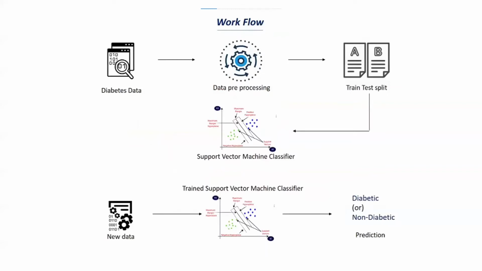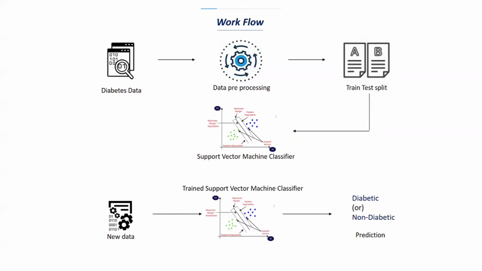So first we need this diabetes data. We will try to train our model with the data and the respective labels. Before feeding this to our model, there are a lot of steps in between. So we need to pre-process the data, where we will try to analyze the data, and this data won't be very suitable to feed to the machine learning model.